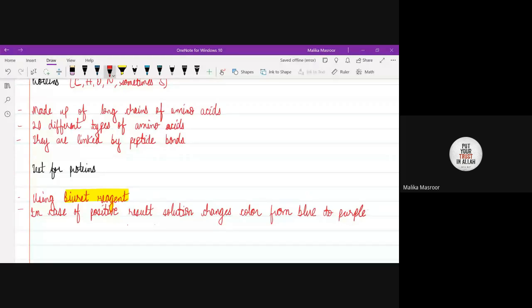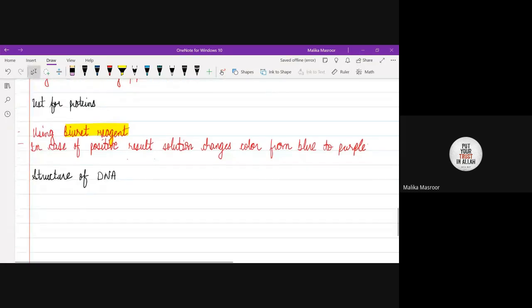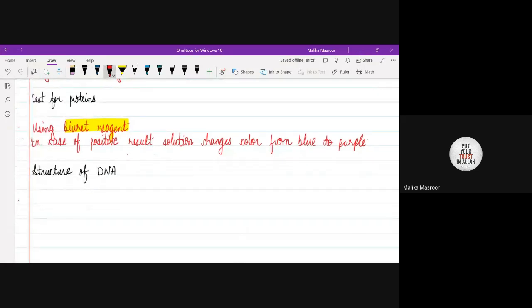Okay. Last thing of the chapter is the structure of DNA. DNA is the material that makes up genes and chromosomes. The nucleus of every cell in the body contains DNA.